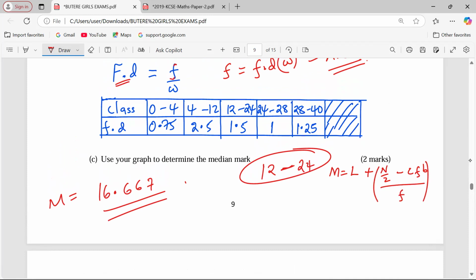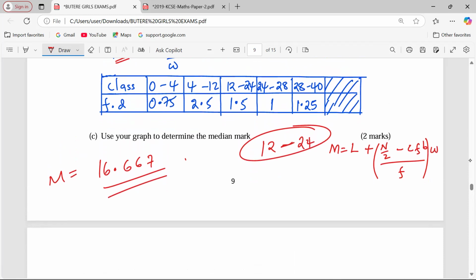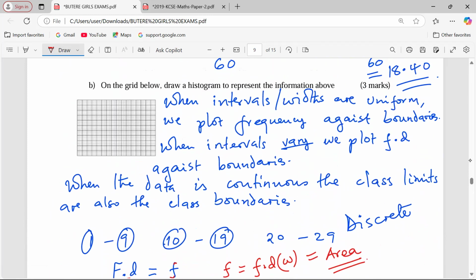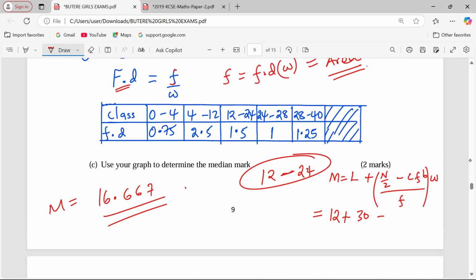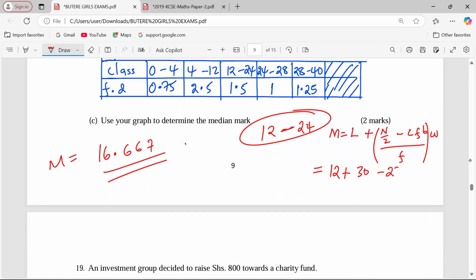Then we're supposed to multiply by the class width that way. So we are having the lower boundary is 12 plus n/2 is 30. 60/2 is 30 minus cumulative frequency just before this class, 23.